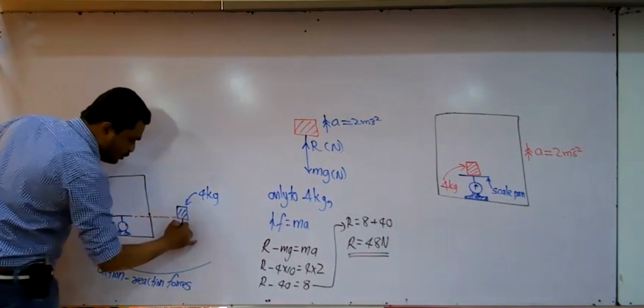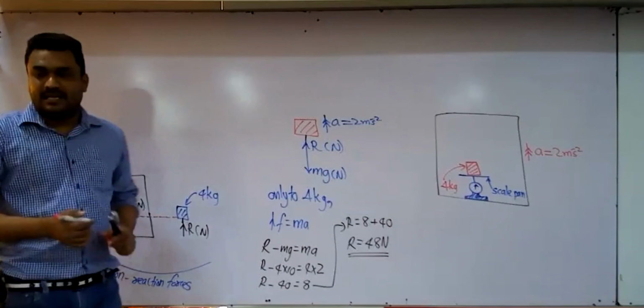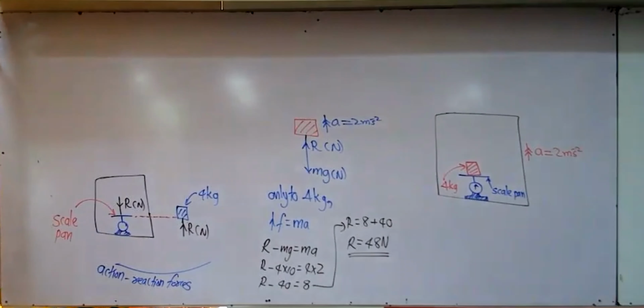Capital R force is given to the 4 kilogram object by the scale pan. Full stop.